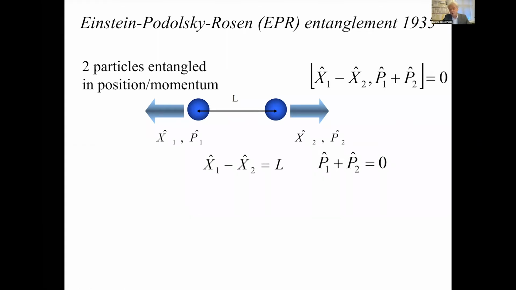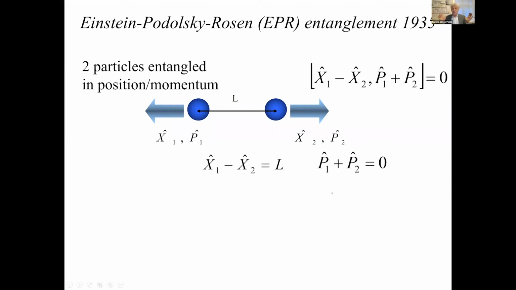I cannot measure both, but I can choose between them. Depending on my choice, I will project your system into either the eigenstate of the position or the eigenstate of the momentum, depending on whether I measure x1 or p1.